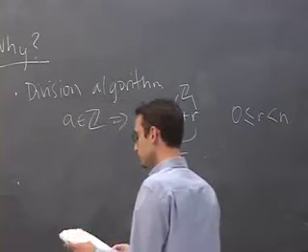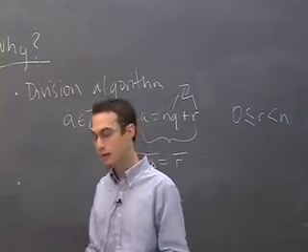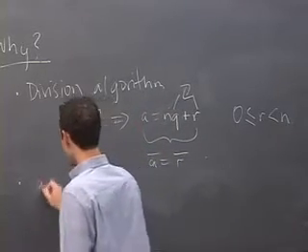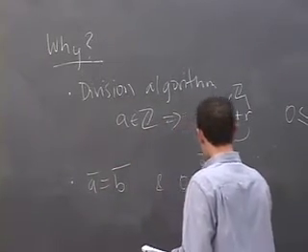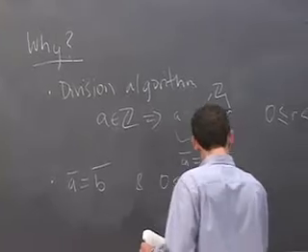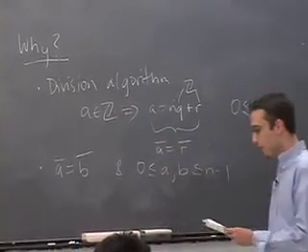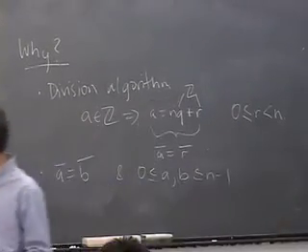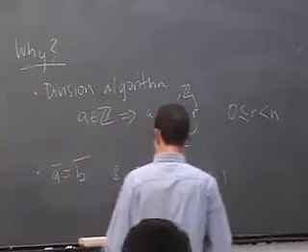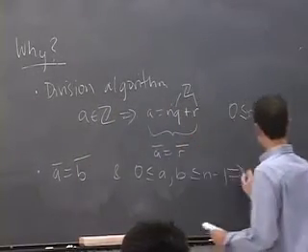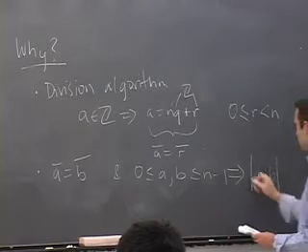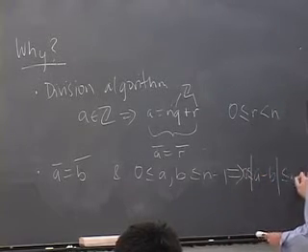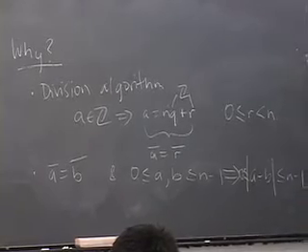Moreover, these are all distinct, because if a bar is the same as b bar, and we both have these things in the range 0 to n minus 1, then the magnitude of the difference between these things is also bounded by n minus 1.